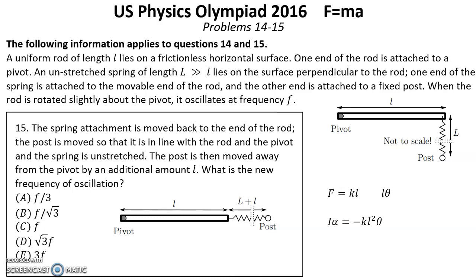But this is the same equation as in the original case, because r equals L. It means that in this case we have the same frequency as in the original example. So the correct answer is C. That was the solution for problem number 15.